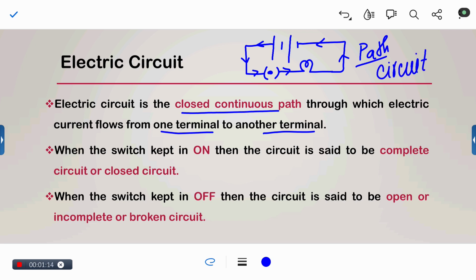Whenever the switch is kept on, we call the circuit a complete circuit or a closed circuit. It is the same in reverse: whenever the switch is kept off, we call the circuit an open circuit, incomplete circuit or broken circuit.